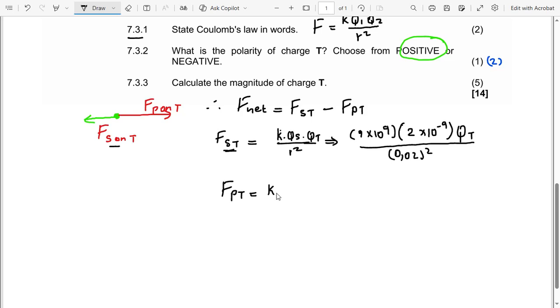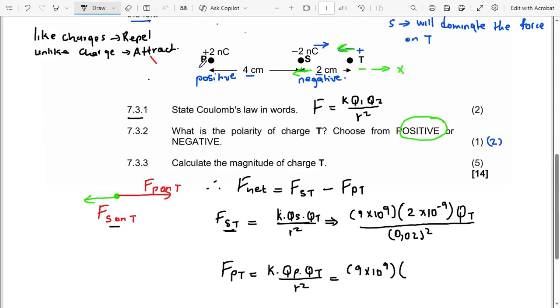This will be K times the Q of P, multiplied by the Q of T, divided by the distance between them. So K is 9 times 10 to the power 9, multiplied by the charge P. The charge P is given as 2 also, but it's positive. Remember, we said we don't include the negative and the positive.